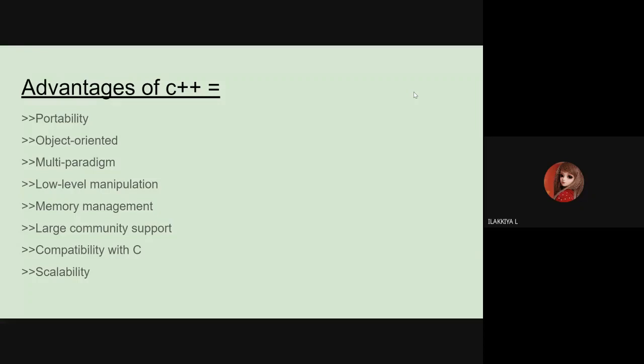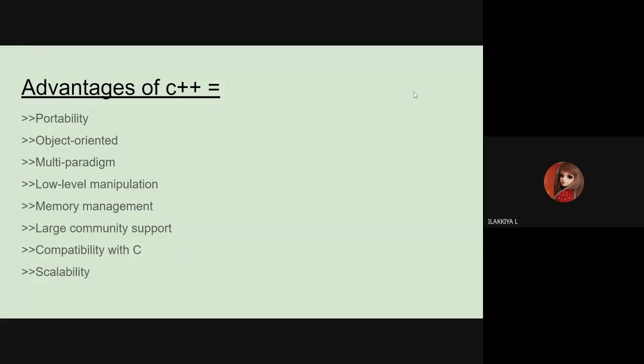What is portability? C++ offers the feature of portability or platform independence, which allows the user to run the same program on different operating systems or interfaces with ease. Suppose you write a program in the Linux operating system and for some reason you switch to Windows OS.